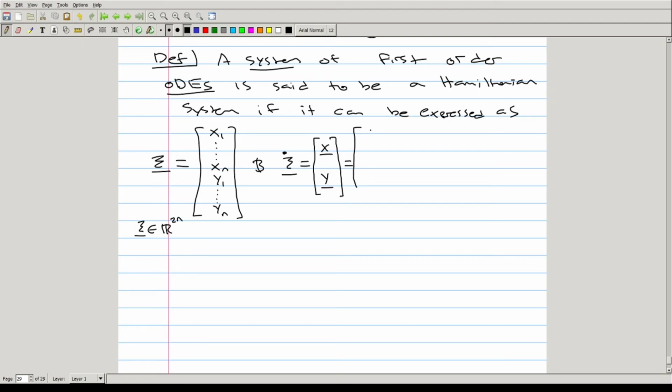But I'll just go through and write out each one of these values just for the sake of completeness. So this is x1 dot all the way down to xn dot. This is then y1 dot all the way down to yn dot.